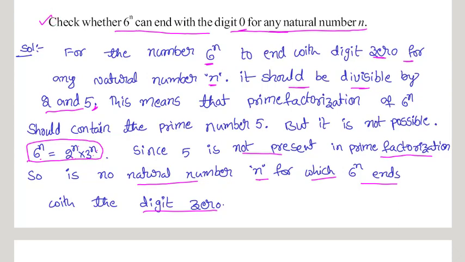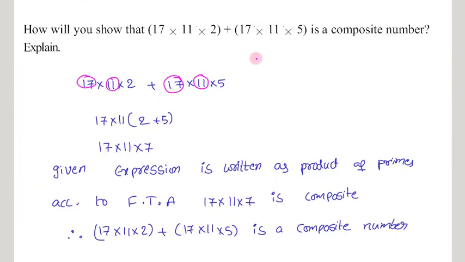Now let us see the next problem based on the fundamental theorem of arithmetic. How will you show that 17 into 11 into 2 plus 17 into 11 into 5 is a composite number, and explain. We have 17 into 11 into 2 plus 17 into 11 into 5.